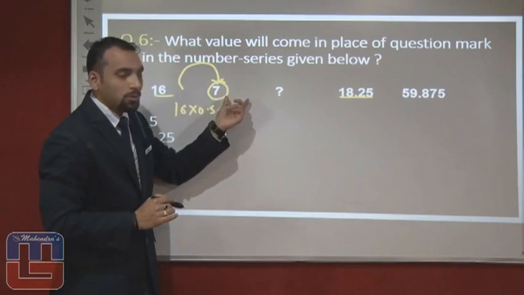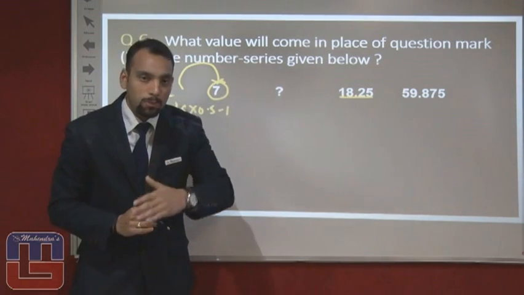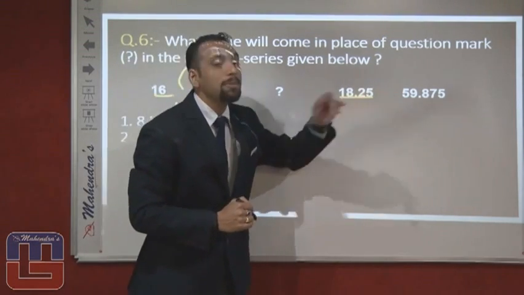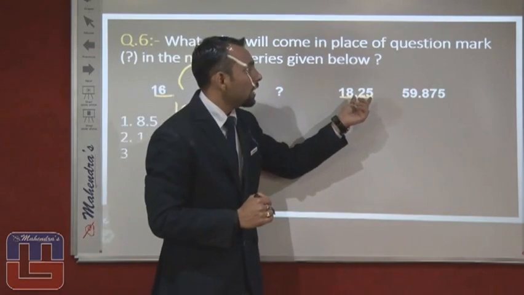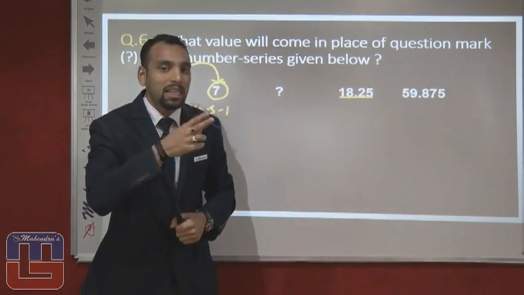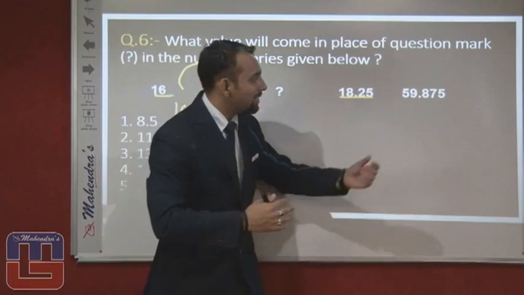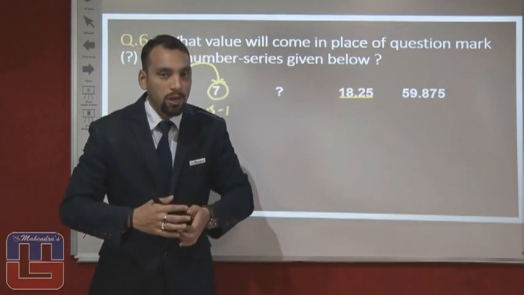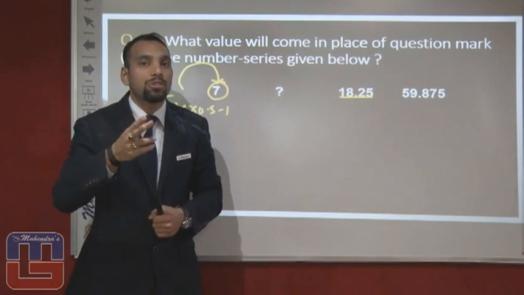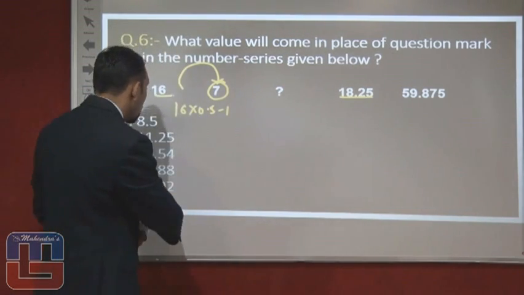In case of this one, it may be 1.5, then 2.5, or then 3.5, because 18.25, if you multiply by 3, is nearly equal to 54, and this is 59.875, which means it may be a multiplication of 3.5. Now see the logic.